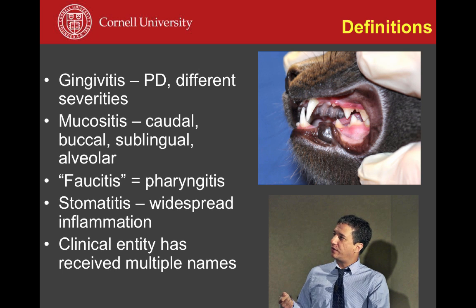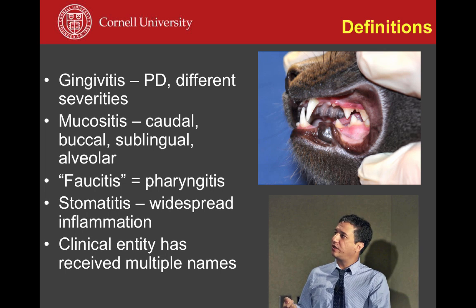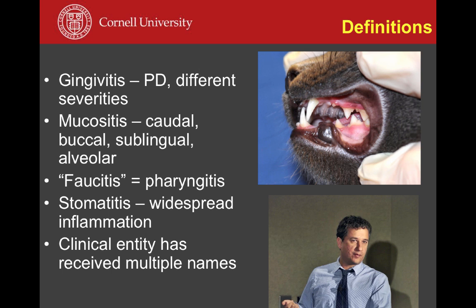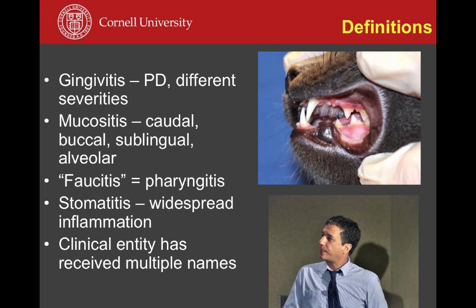In other words, when we have only gingivitis but no inflammation or disease in other areas of the mouth, we can't really say that it's possibly chronic stomatitis, even if it's very, very severe.